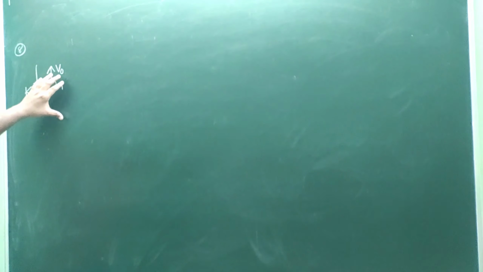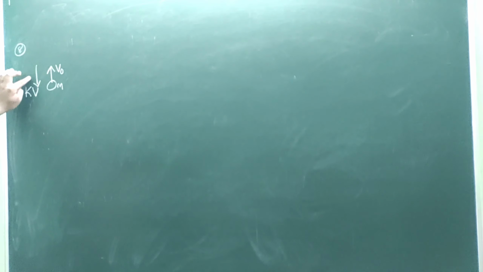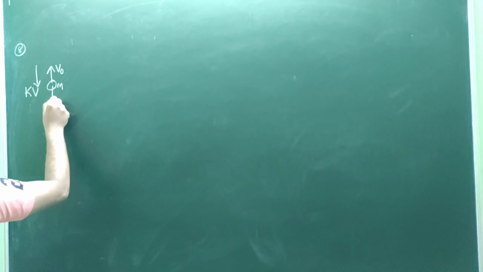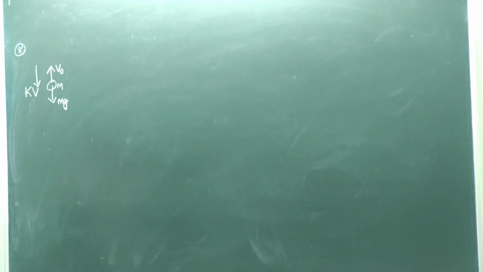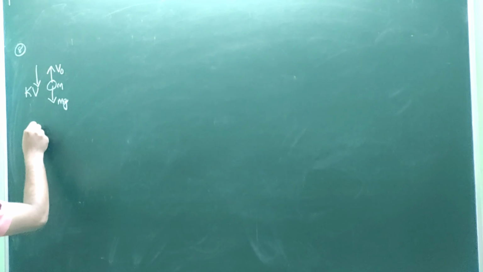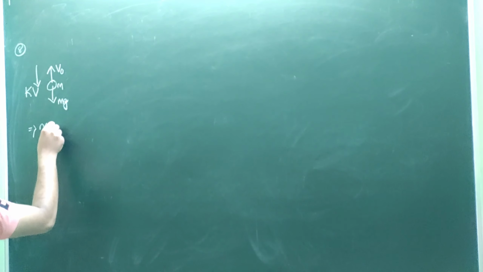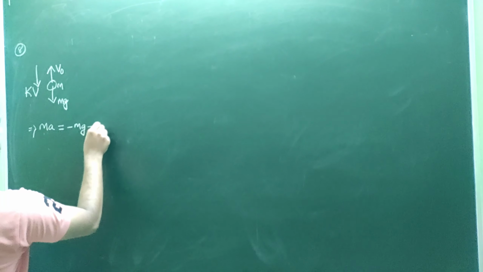So the force acting on this body, what are the forces? While moving upward, it is experiencing an air resistance here, and it has some weight here downward. So the body is moving upward, the forces are opposite. So the equation of motion we can write down, F, that is ma, will be equal to minus mg minus kv.